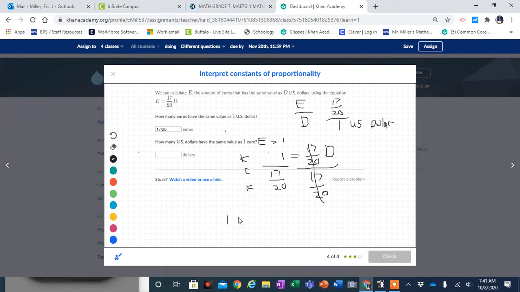So that means this is 1 times 20 over 17, which would just be 20 over 17, or 1 and 3/17.